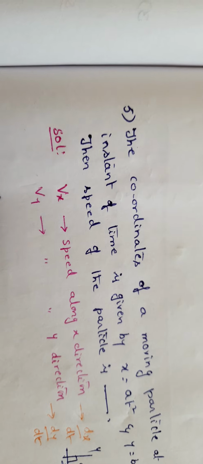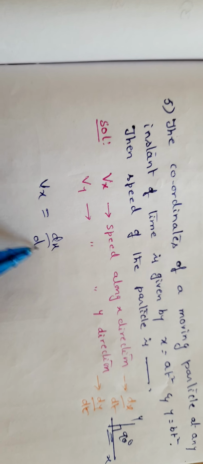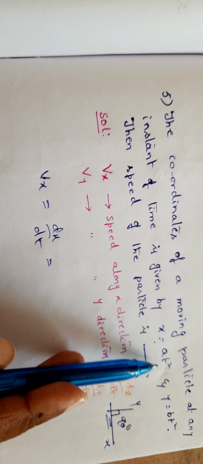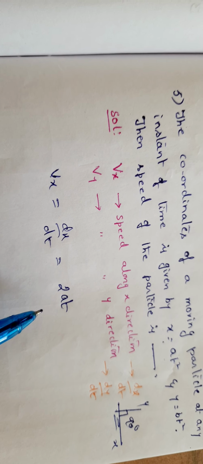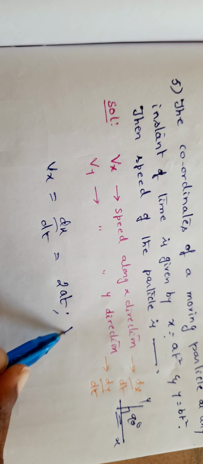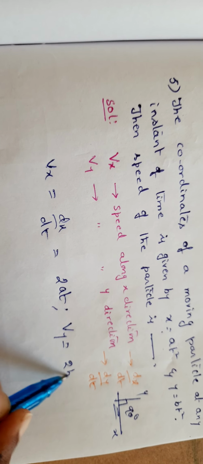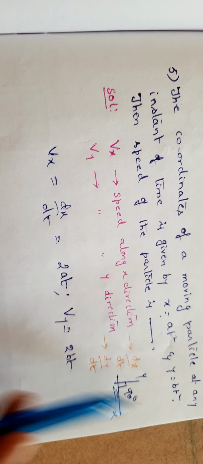So now Vx is equal to dx by dt, differentiating the given x equation with respect to t, you will get 2at, and Vy is equal to 2bt, right? So that is dy by dt, which is 2 times bt.